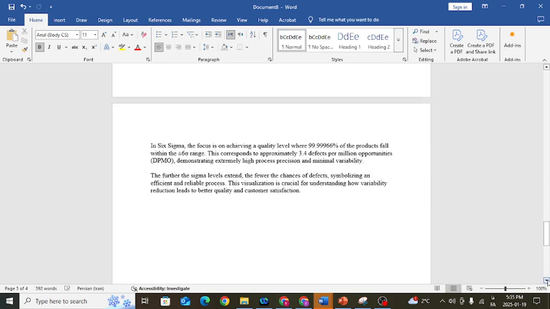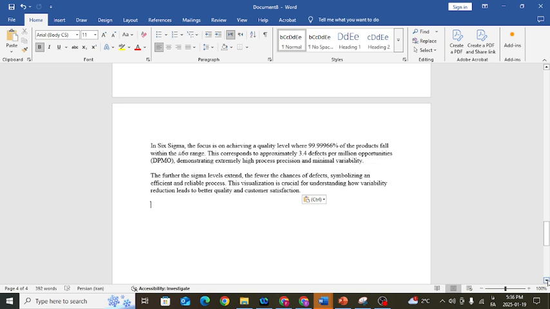So in Six Sigma, they focus on achieving a quality level where 99.9996% of the products fall within the plus or minus standard deviation range. This corresponds to approximately 3.4 defects per million opportunities, demonstrating extremely high process precision and minimal variability.